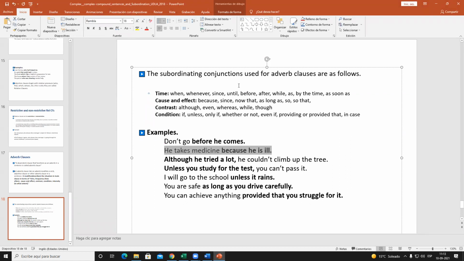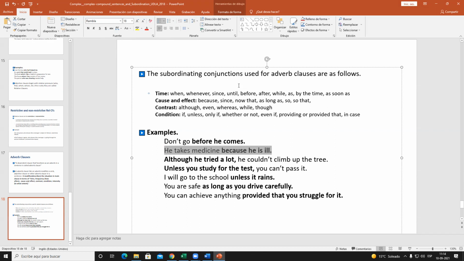Quiero que miren los ejemplos, porque recordemos que hay subordinating conjunctions que son de más de una palabra. Entonces, primer ejemplo, before he no problem. Because he is ill, no problem. Tercero, although, no problem. Unless you study, no problem. Unless it rains, no problem.